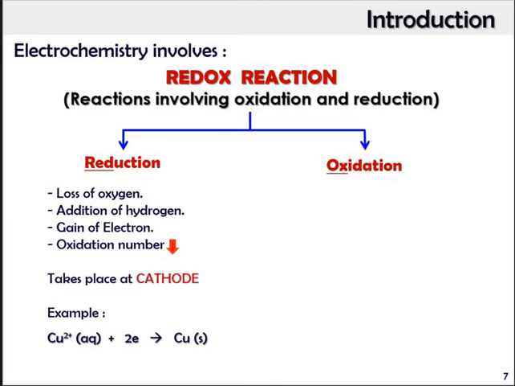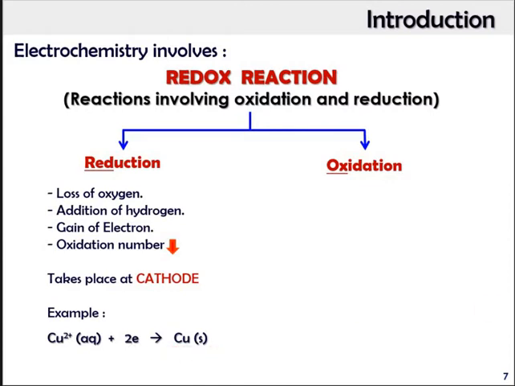Alright, so cathode ni adalah sejenis electrode. So, kita ada 2 jenis electrode, which is cathode and anode. Alright, so for example, we have this half equation. Look for the equation Cu2+, okay, it gains 2 electron, so reduction process, it gains electron, produce Cu solid.